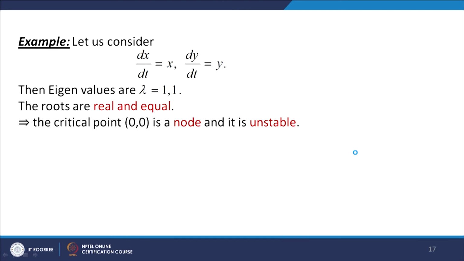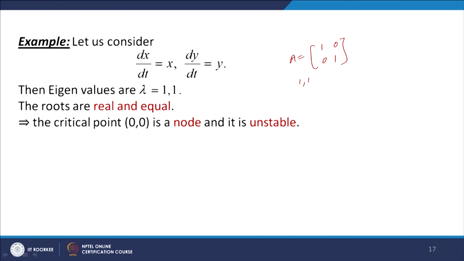Now let us consider another example, dx by dt equal to x, dy by dt equal to y. So here again we will get the matrix A equal to 1, 0, 0, 1. So this is the unit matrix, and the eigenvalues are lambda equal to 1, 1. They are real eigenvalues and they are equal.